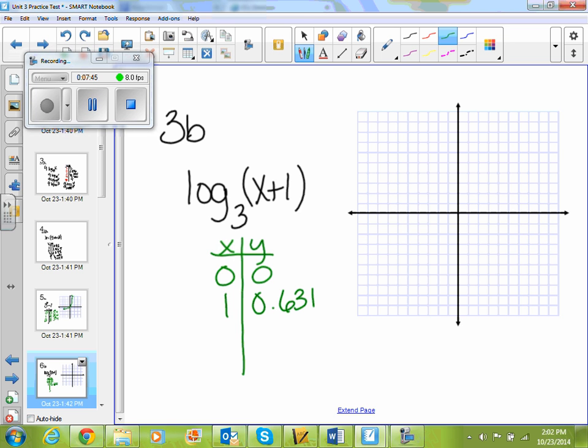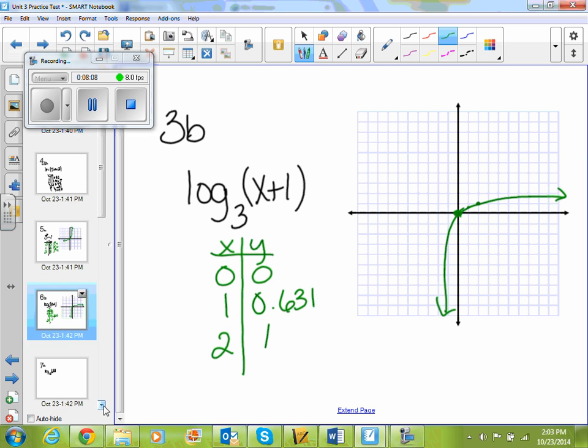You could actually put these in your calculator if you wanted to, but it's just easier to graph it. So 0, 0, 1, 0.6, and over 2 up 1. So I know that my graph is going to look something like that. Is that sort of what everybody got?